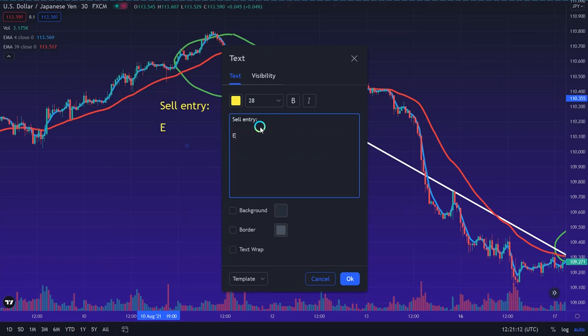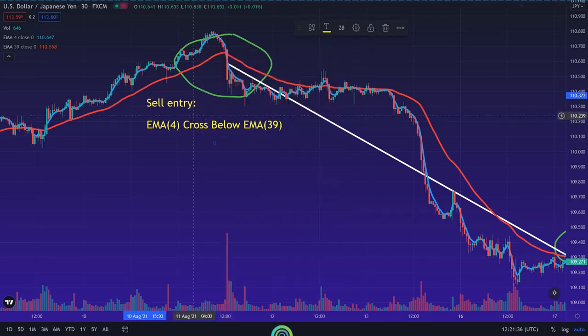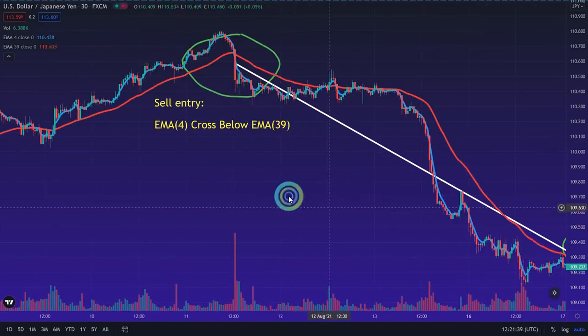So basically we are using EMAs as well here, and we take our sell trade if the 4-period exponential moving average crosses below an EMA that is 39 period, and it is really simple. It is just the most simple strategy in the world.